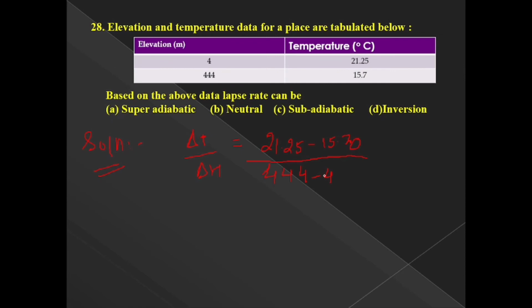After calculation I found the value as 12.6 degrees centigrade per kilometer.